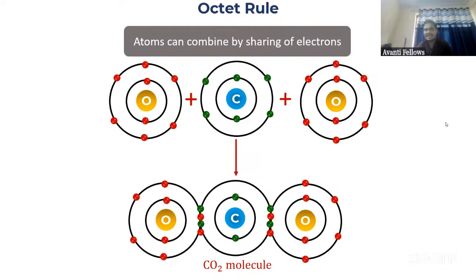A covalent compound forms by sharing of electrons, and they share to complete their octet, that is, to have 8 electrons. Whenever there is a complete transfer of electrons, we say it's an ionic bond.